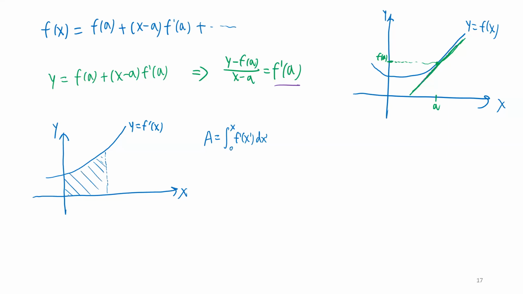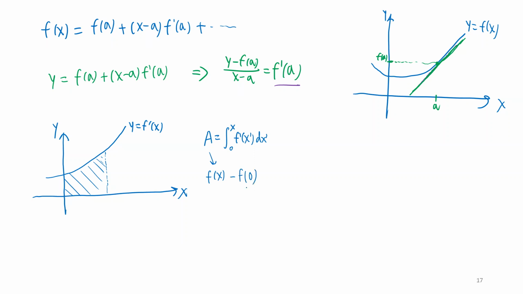So in this case, I start from 0, but it doesn't matter. And that's why this area function is actually equal to simply f of x. And actually you're off by a constant over here.